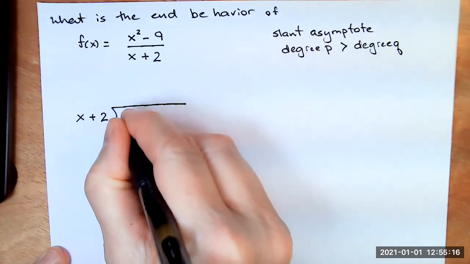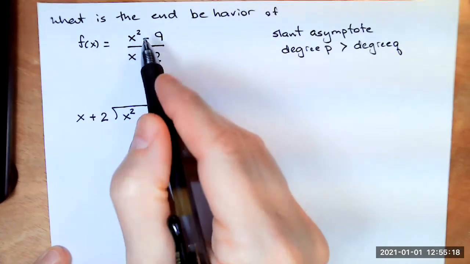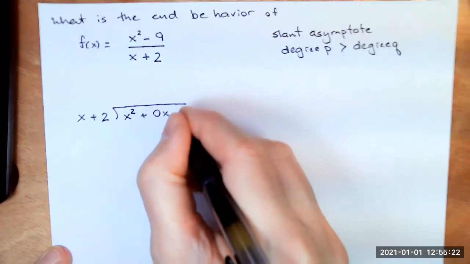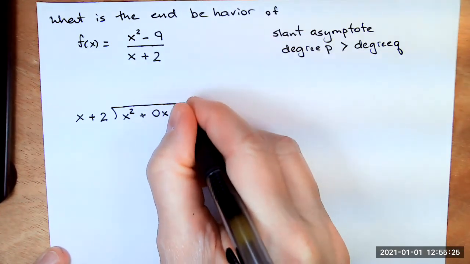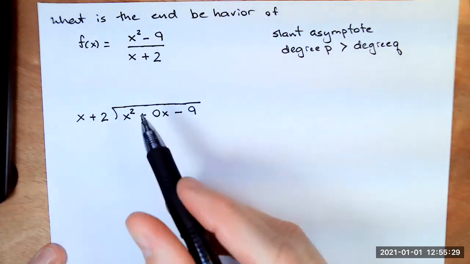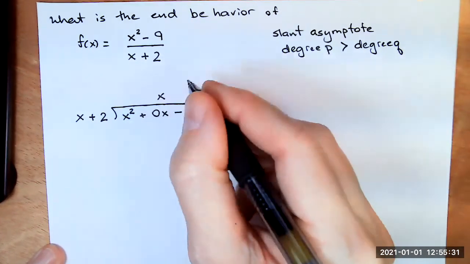Now, there's no x term, so we need to put a placeholder in. And then what do I multiply x by to get x squared? It'll just be x.